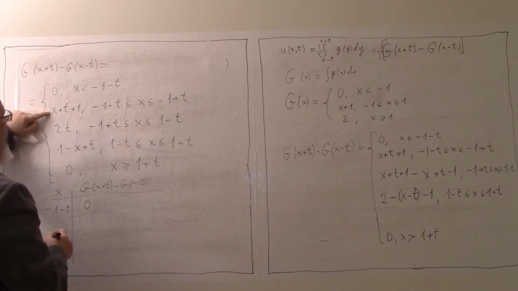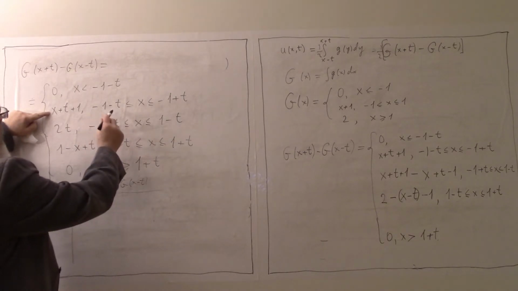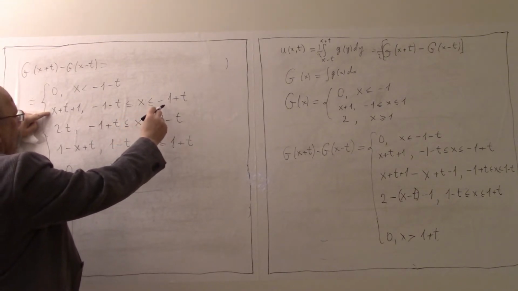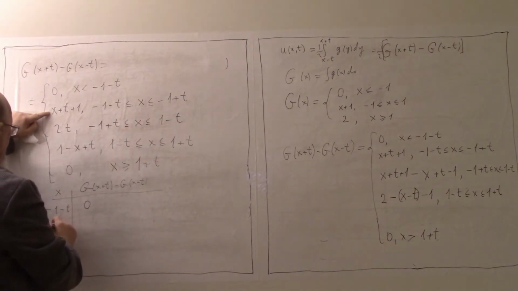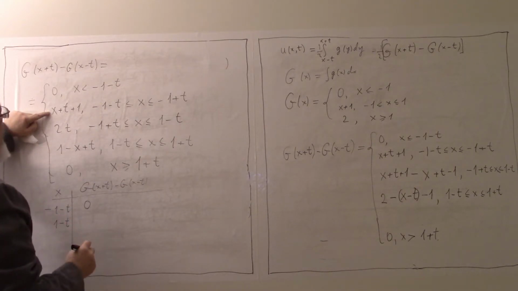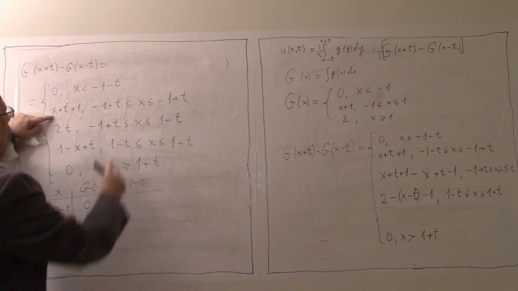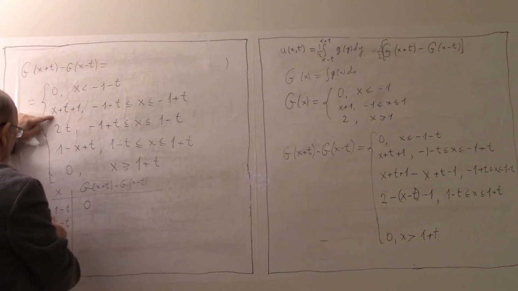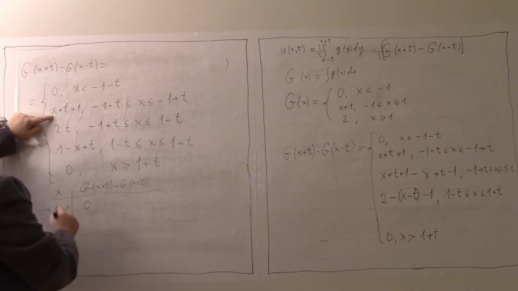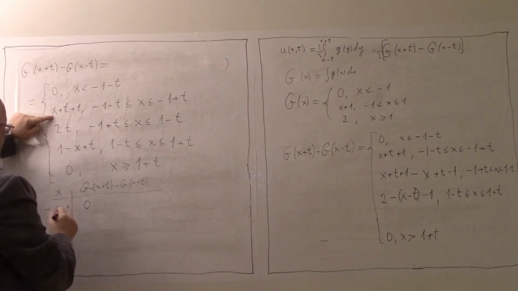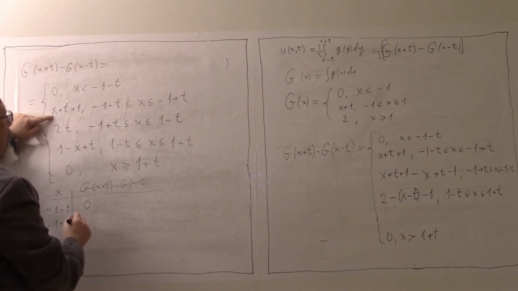Here x equals 1 minus t. It is minus 1 plus t plus again t plus 1. So it is 2t.